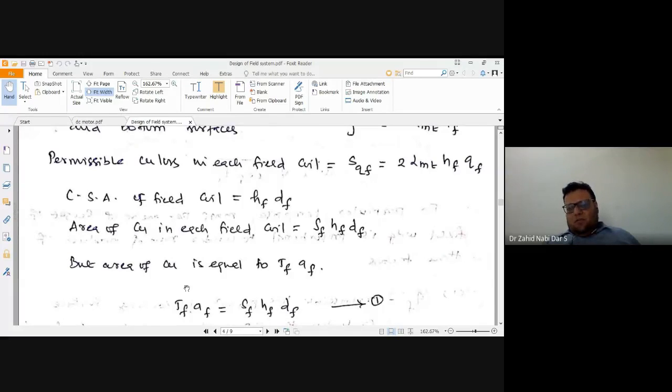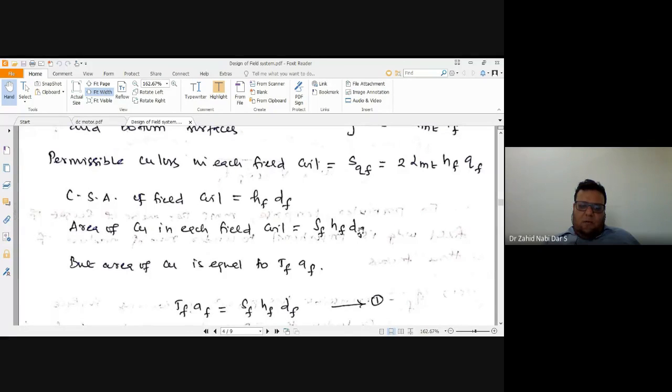Like in a transformer also, you have the gross area divided by the stacking factor. Here also the net area would be equal to stacking factor into the gross area. So if this is the total cross sectional area, height of the field winding and depth of the field winding, the area of copper in each field coil would be equal to SF into HF into DF.